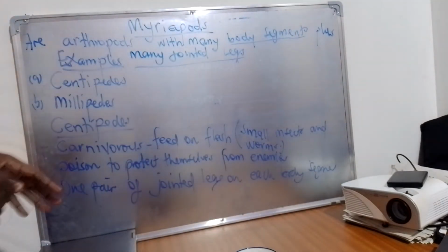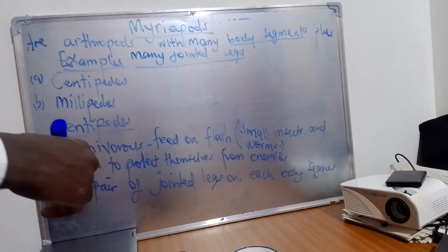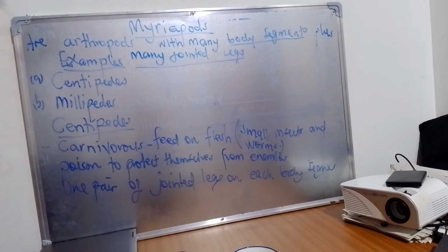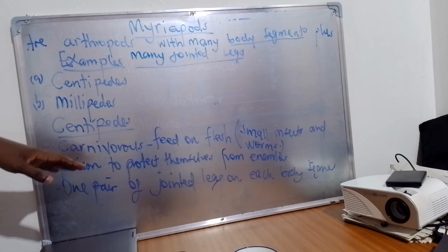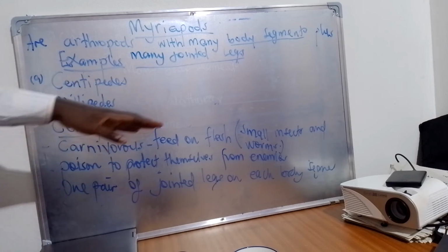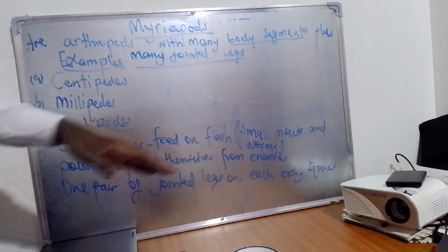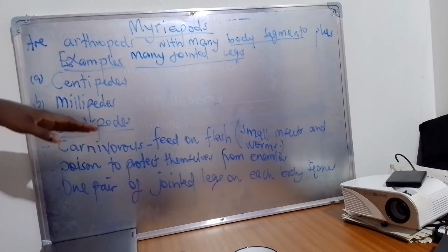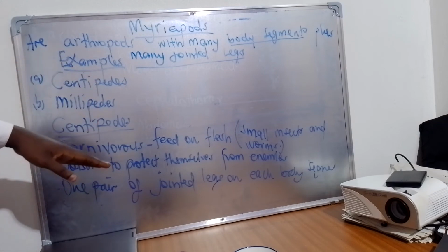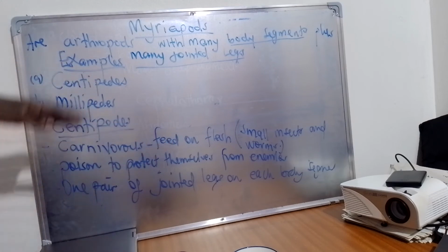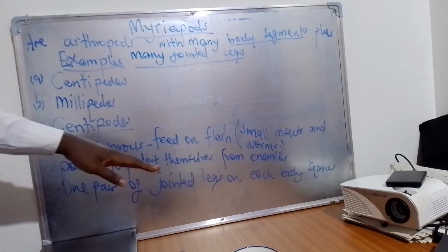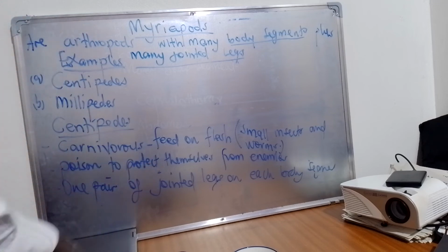We have the diagram to see really what this is. So just understand this: carnivorous, that is, they feed on flesh, and this flesh includes small insects and worms. Then the centipedes use poison glands to protect themselves from enemies. Then they have one pair of jointed legs on each body segment.